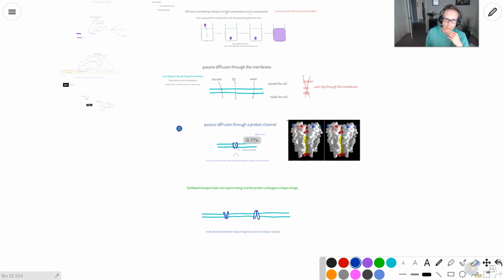All of these are going to go down the concentration gradient, because it's diffusion. All of these are diffusion. Like so. Okay.